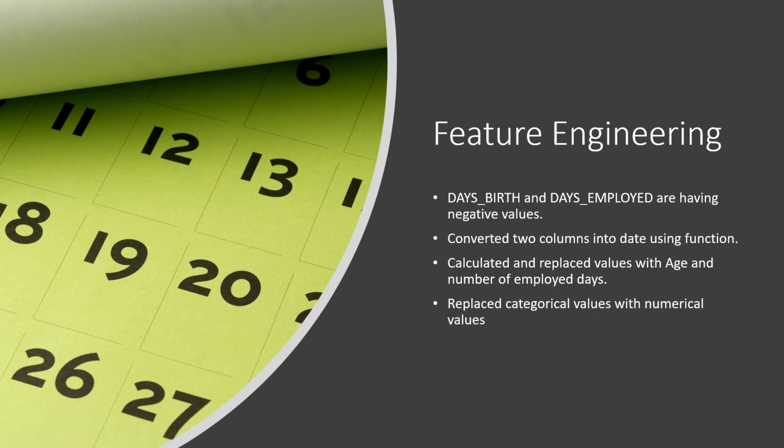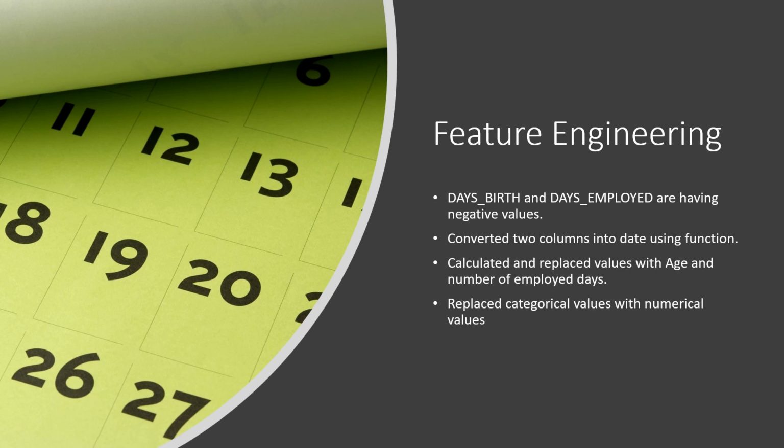I have converted the days of birth and days employed, which have negative values that I mentioned in the start. The values are counted from the current day. If the day of birth is today, it's 0, and if it is the previous day, it is -1.